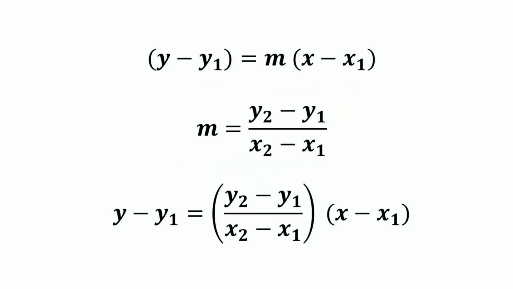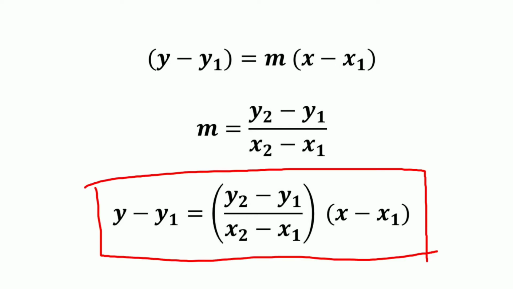So the equation of the straight line, by substituting the value of m equal to y2 minus y1 divided by x2 minus x1, will become y minus y1 equal to y2 minus y1 divided by x2 minus x1 into x minus x1.